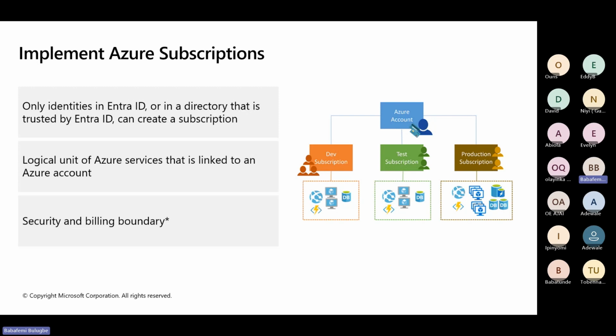So when you want to manage a resource or a subscription, you need to be assigned a subscription role, which is also called an RBAC role. We'll be looking at what RBAC is, and what some of the roles are that can be assigned to a user to manage a resource. So do not mix it up.